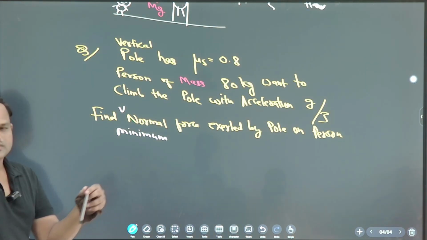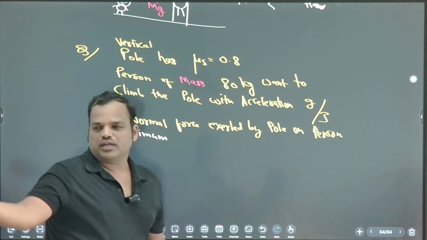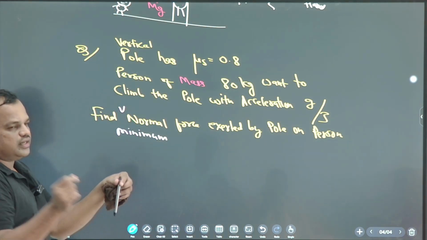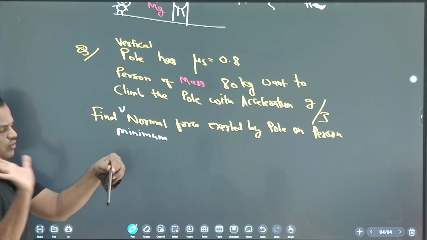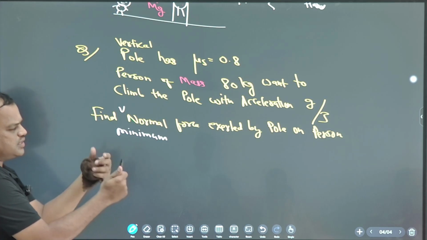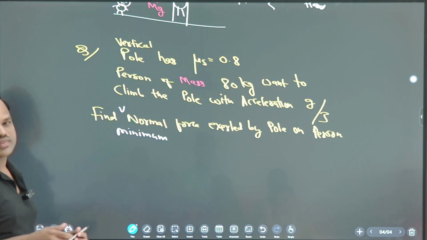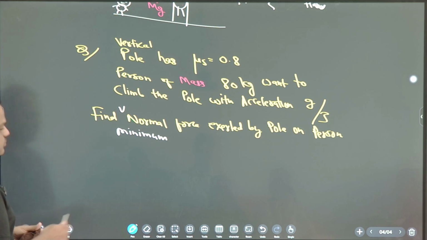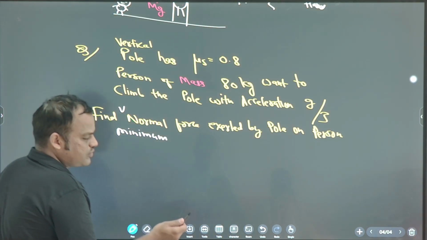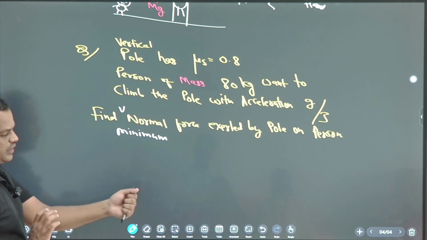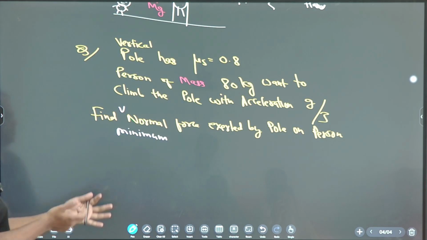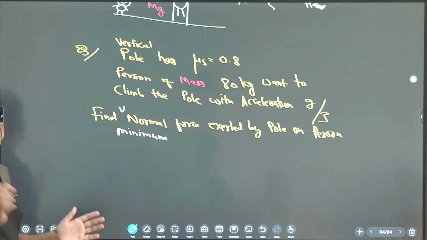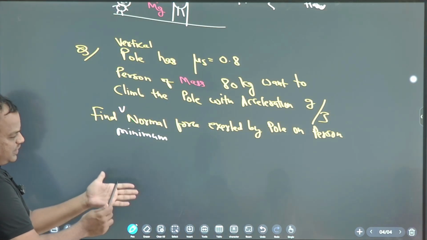See, you are all having a pen, right? You can try it. Hold the pen softly. Now hold the pen tightly like this. What is the difference? You are holding it softly and now you are holding it tightly. What is the difference? Normal force. Understood or not?